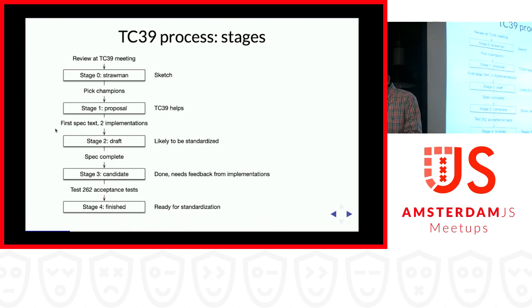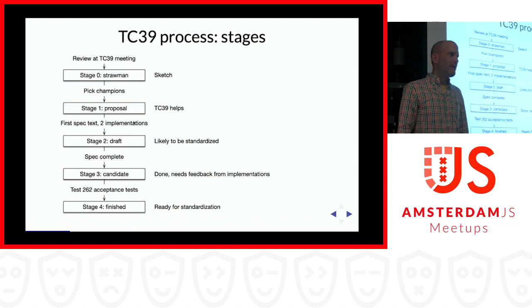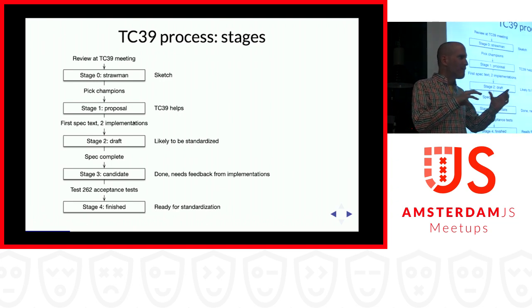More and more of the spec text is added. And what I find interesting is that before you can get to stage 2, there have to be 2 implementations. So that is awesome, because you can be sure that a feature, once it reaches stage 4, has been tried in the wild.